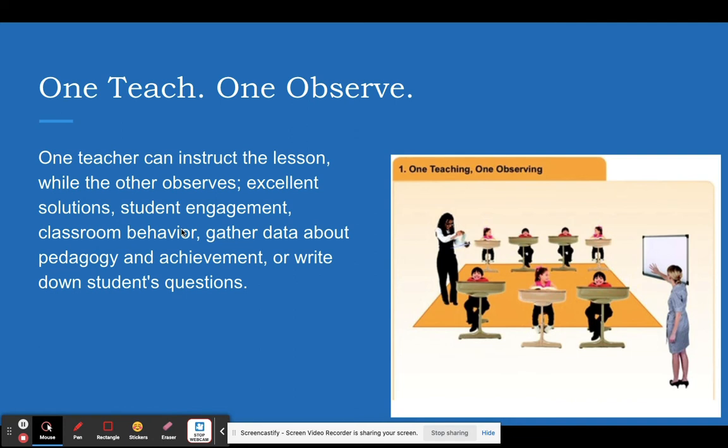Or maybe they're observing how many deep questions there were. Were all the questions you asked surface level, or were they at a deep level? It's very freeing when one teacher is observing and not focused on all the other admin stuff, and can chime in every now and again with those really deep questions.